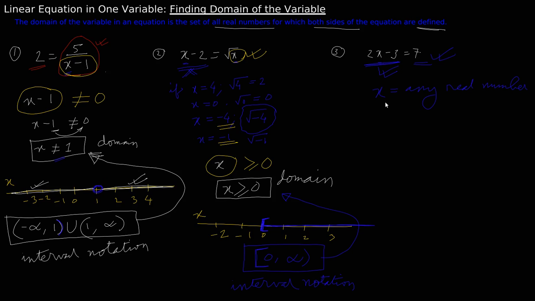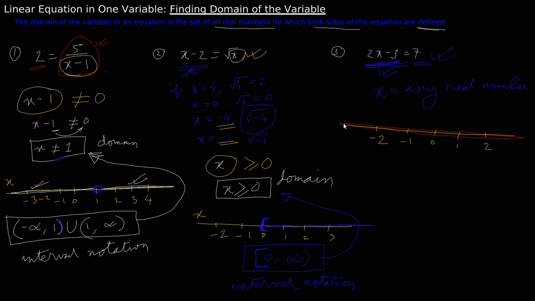So for any real number, this equation is defined. If I draw a number line, 0, 1, 2, -1, -2, that means the solution is the whole number line.